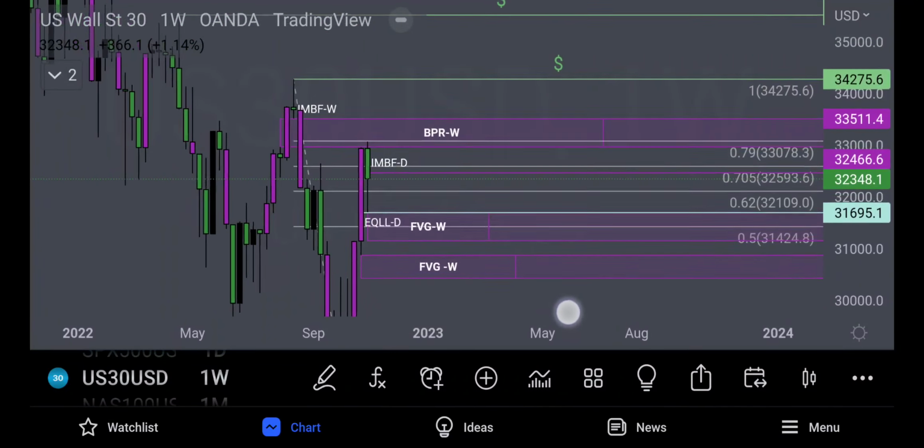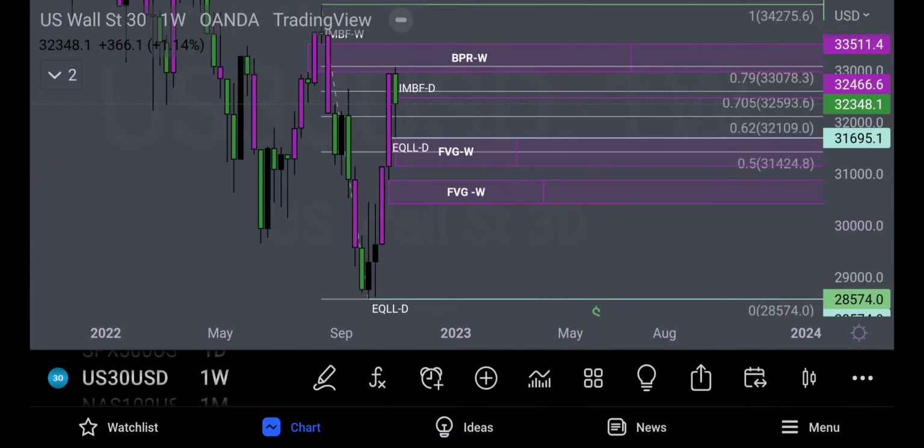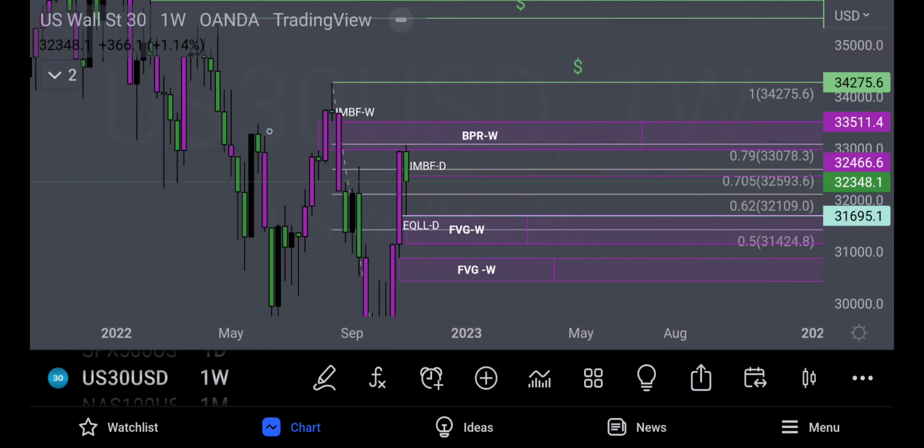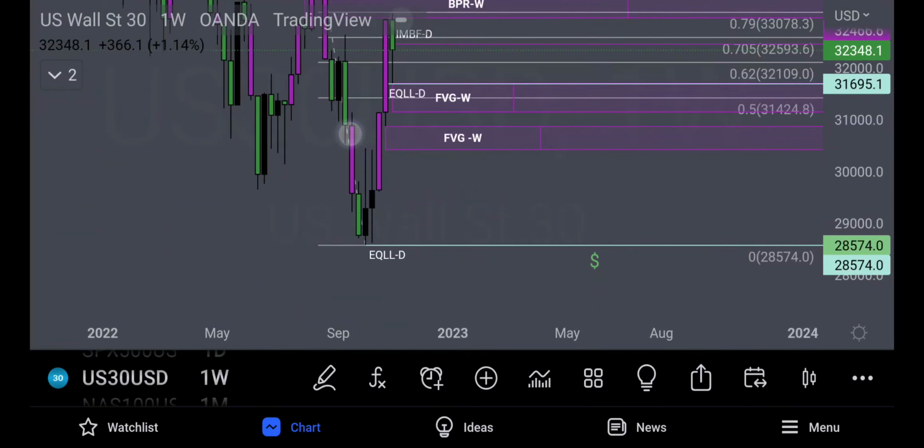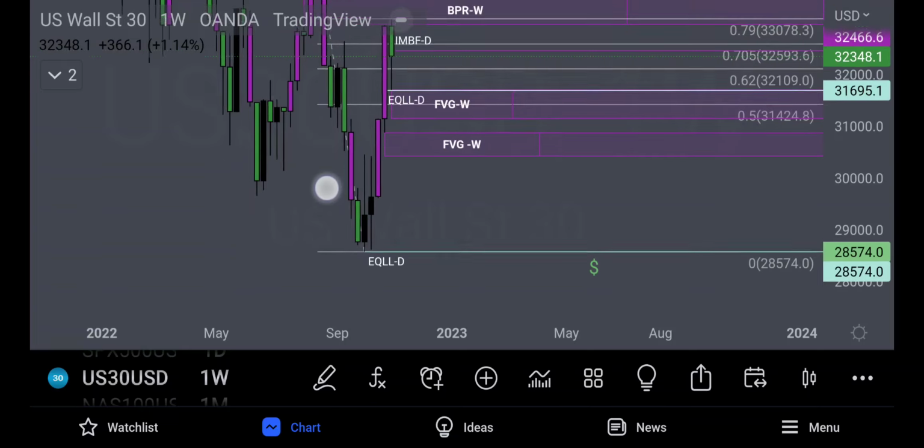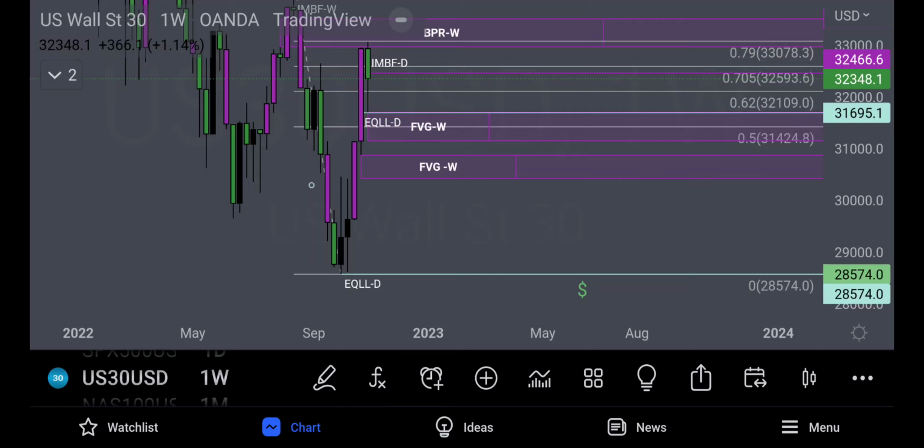We have, let's see, liquidity was ran here. We had a break of structure or a market structure shift. We did initially have a fair value gap right here, and we did get a reaction from that.